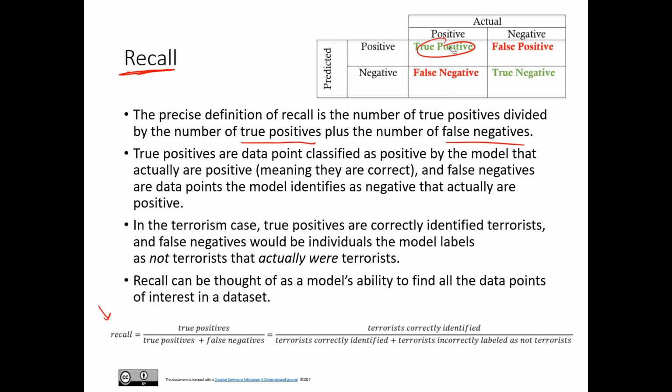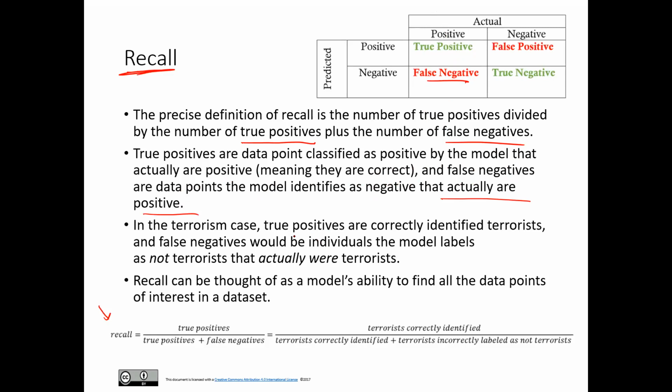The actual data. So true positives are data points classified as positive by the model that actually are positive, meaning they are correct. And false negatives, this one, are the data points the model identifies as negative that actually are positive. So basically, the ones that you missed, right? The ones that you missed.